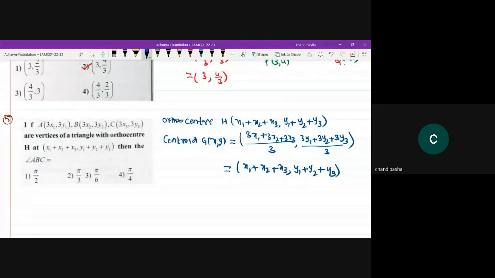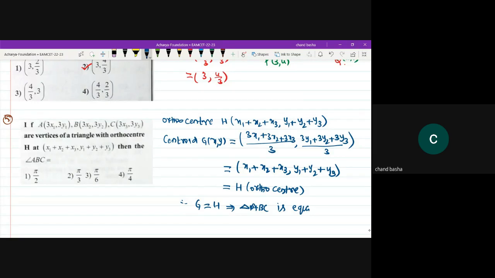Clearly, the centers are equal. This is equal to H, the orthocenter. So clearly G is equal to H. That means the triangle formed by the vertices ABC is equilateral. Equilateral triangle means angle ABC is equal to 60 degrees. Very good. It should be pi divided by 3 as the required answer.